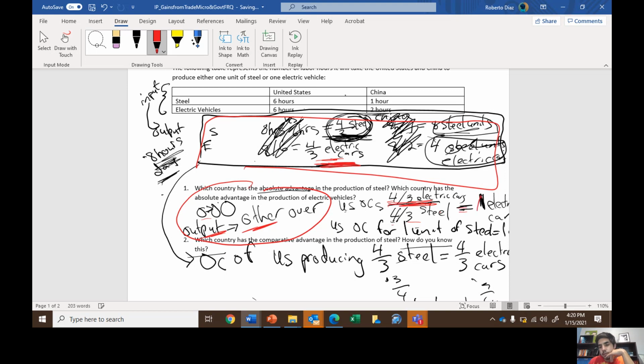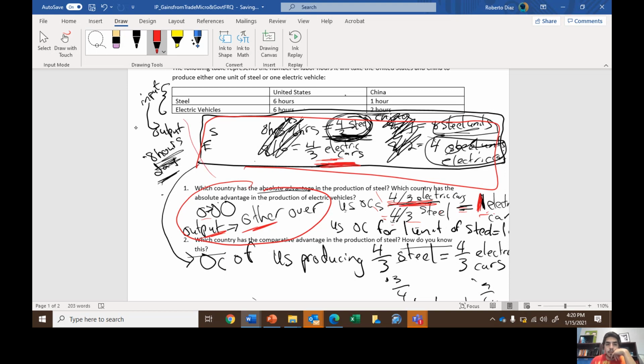You divide it out, you should find the opportunity cost of producing 1 good of steel in terms of an electric car.